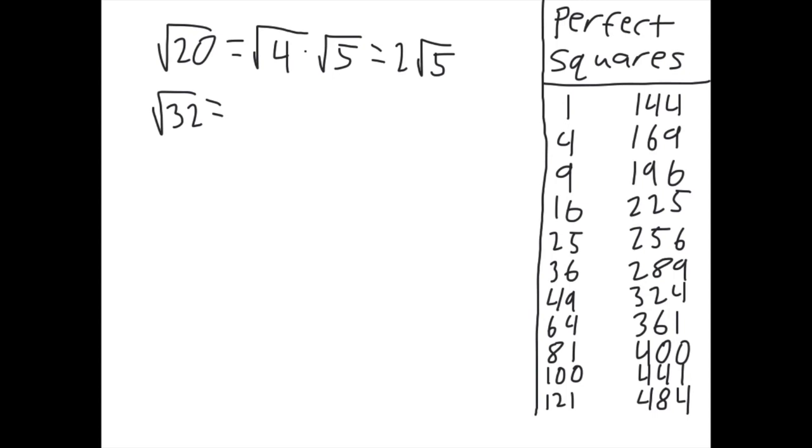Let's do this way first, and then I'll show you a different way to do it. So you take out the square root of 4, then 32 divided by 4 is 8. So we've got the square root of 4 times the square root of 8. Then take the square root of 4, which is 2, times the square root of 8.